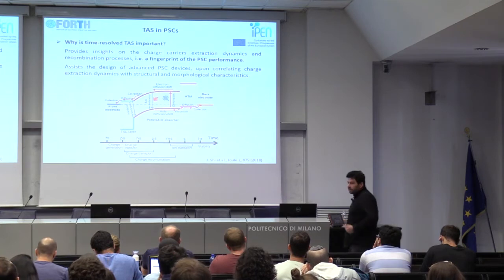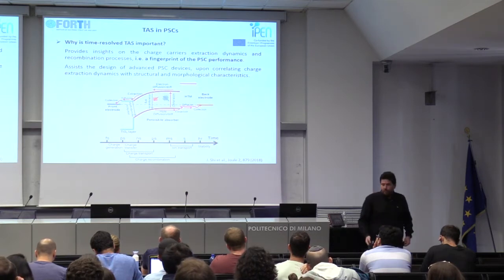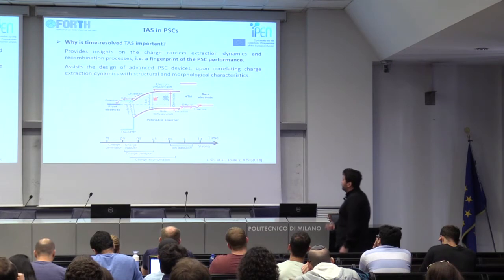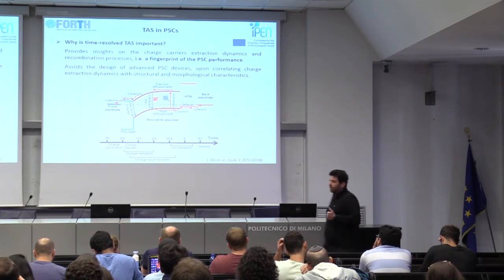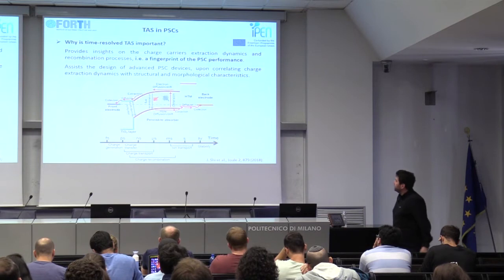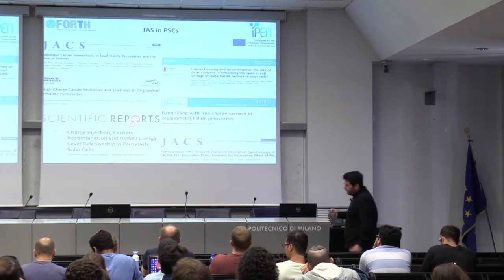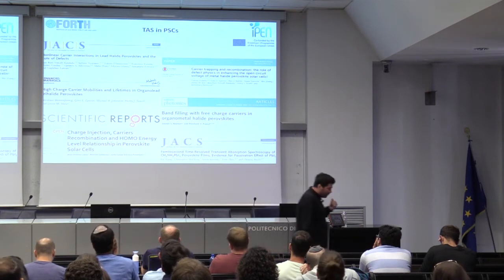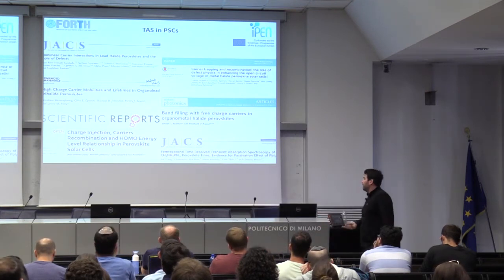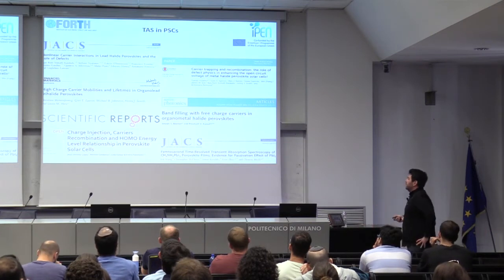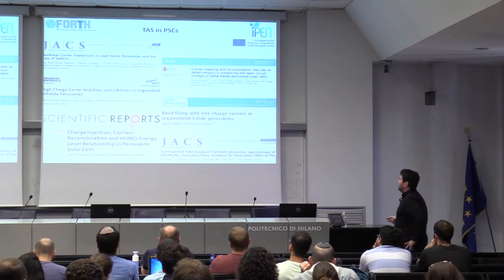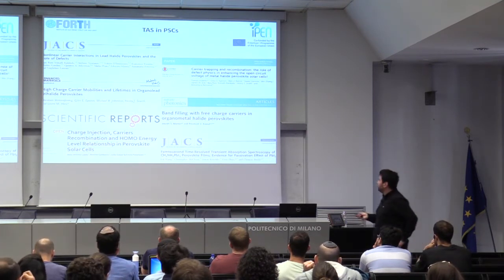And by having knowledge of this process, we can then design and develop advanced perovskite solar cells while we correlate the charge extraction dynamics with the morphological characteristics of the films. So that's why transient absorption spectroscopy is so popular when it comes to photovoltaics, and several groups have used this technique in order to study the dynamics. And of course, the very famous labs here.